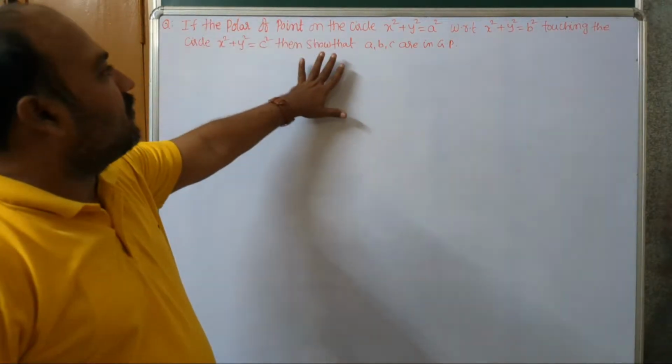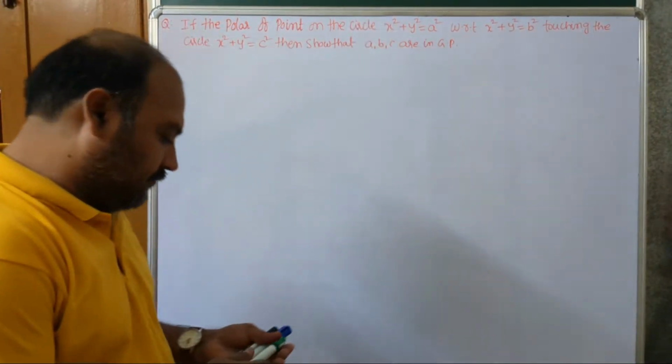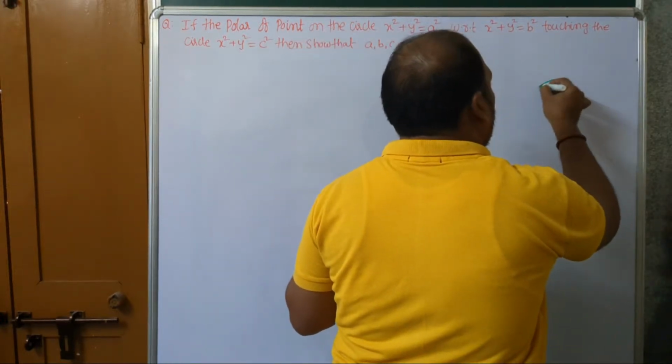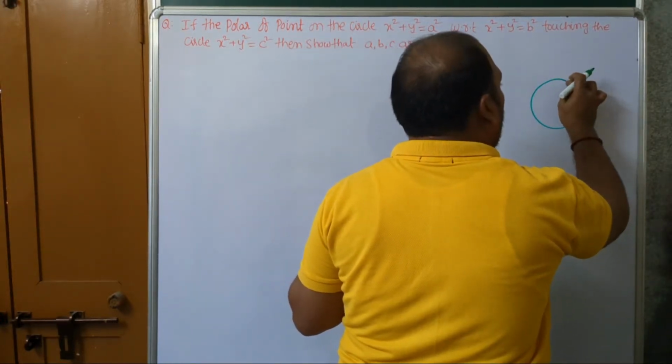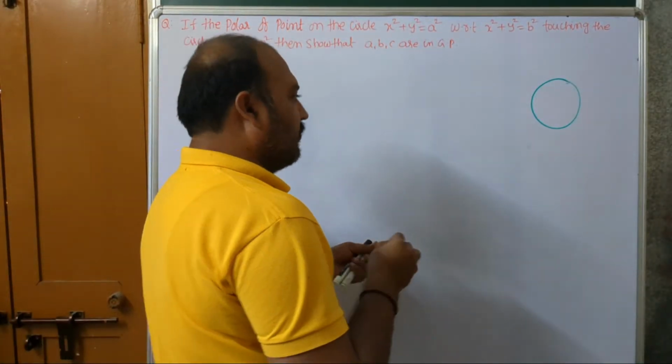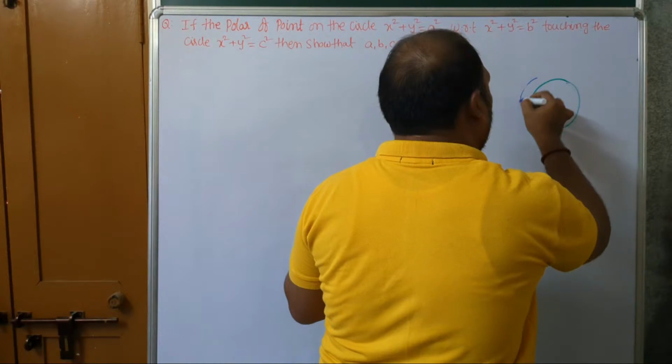If the polar of the point on the circle, first 3 circles we need to draw, dear students. All are concentric circles. If you observe carefully, all are concentric circles only.